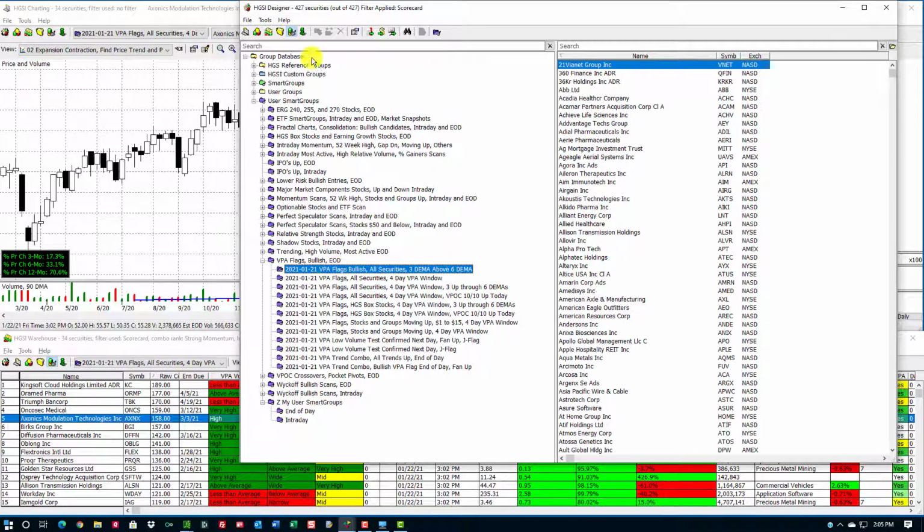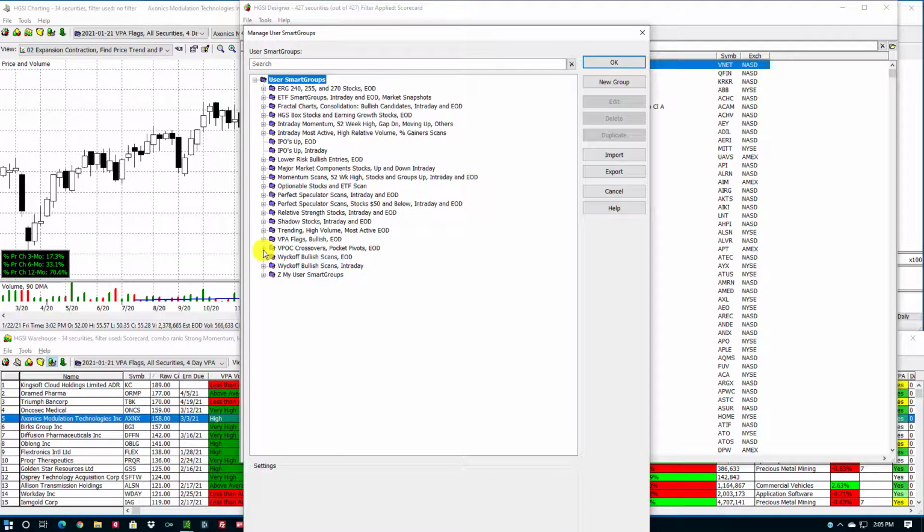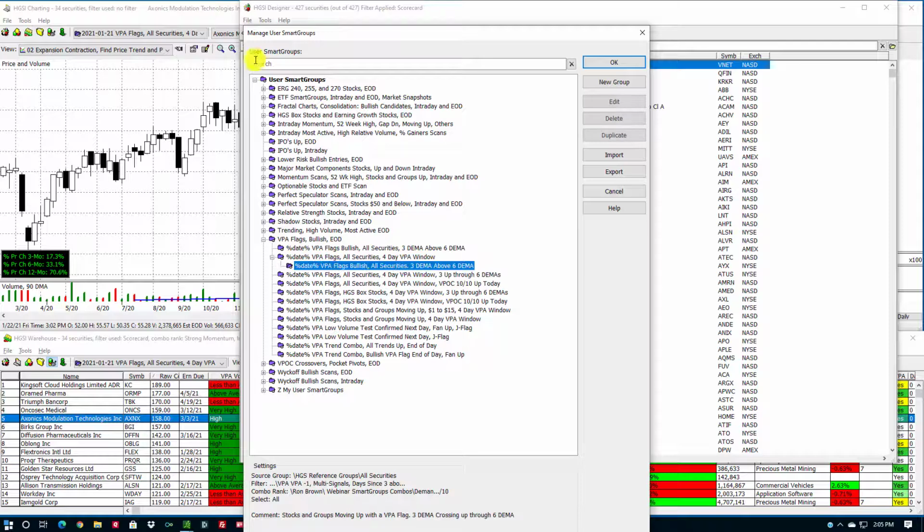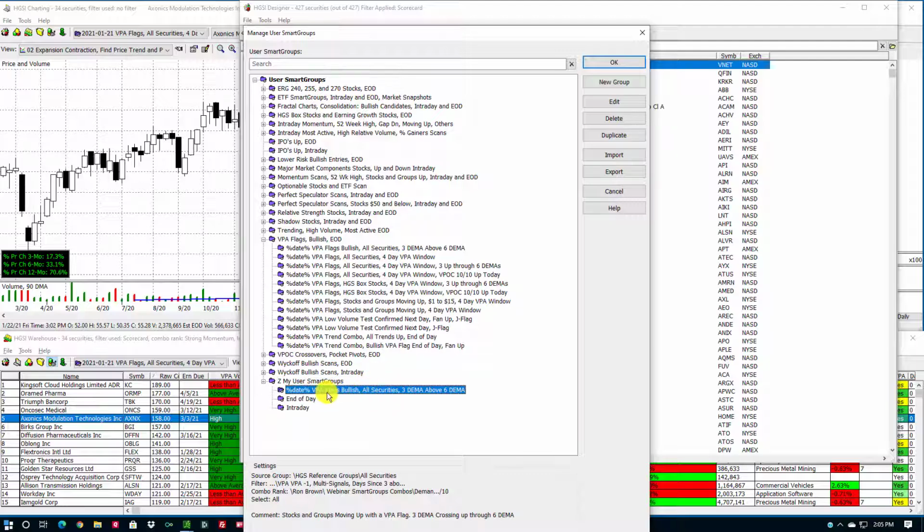What I'm going to do here is I'm going to show you what you need to do, or what I need to do. I'm going to get into the VPA flags. I'm on the edit side under manage user groups. I didn't want to do that, but I'm going to drag this down to my user groups end of day, and I'll do the same thing here.